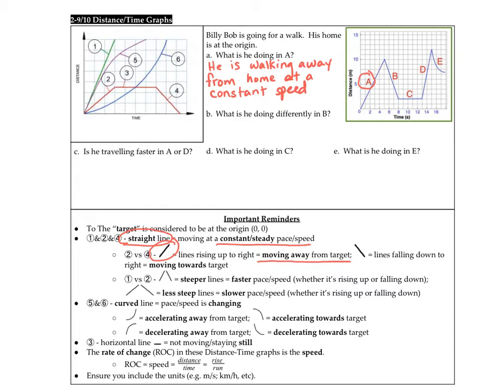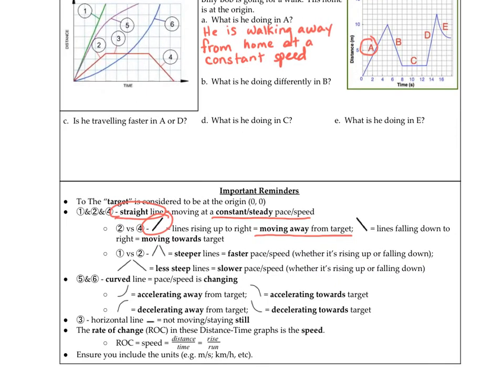Now the other thing is you are going to need to say what the speed is. And the speed is just the application of rate of change in these types of questions. So the rate of change is how much his distance is changing divided by how much his time is changing.